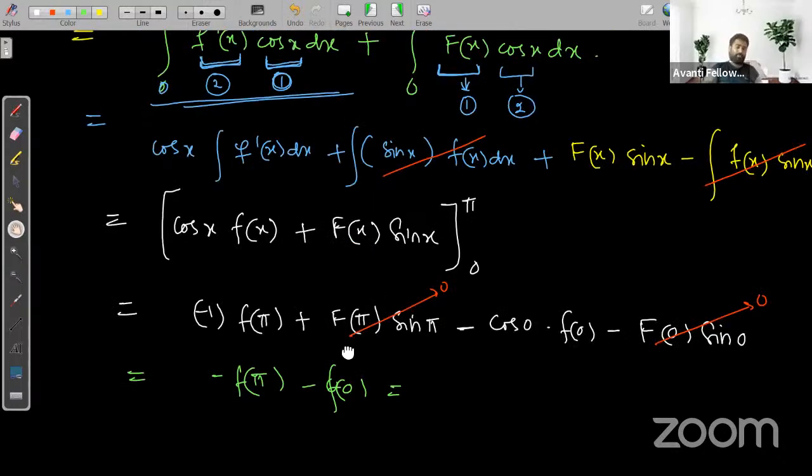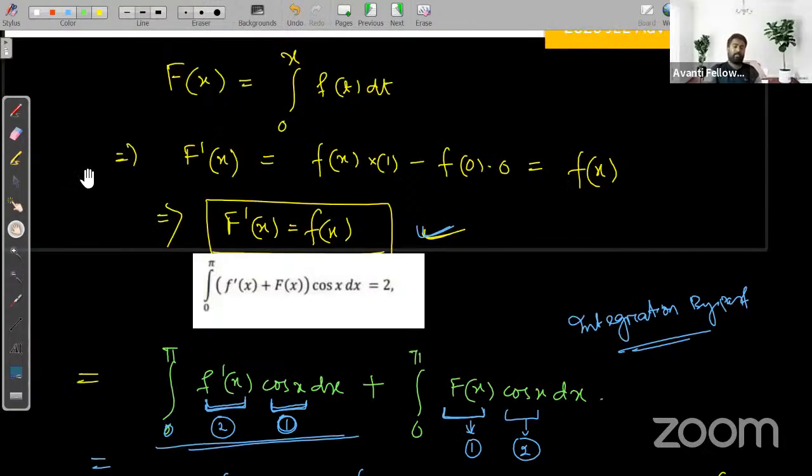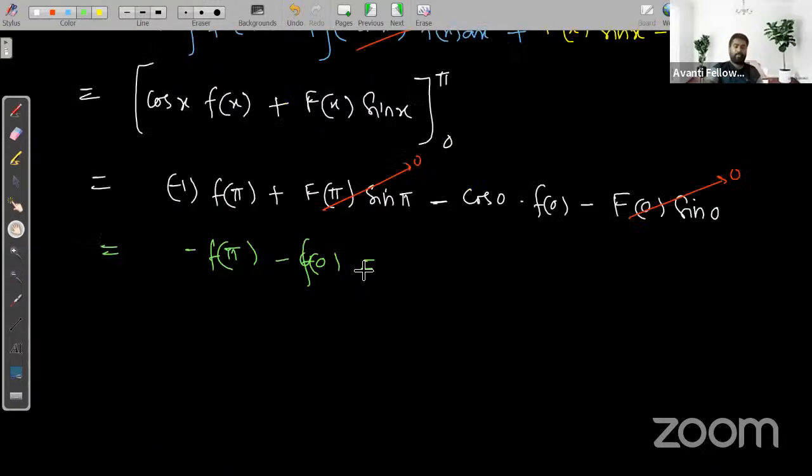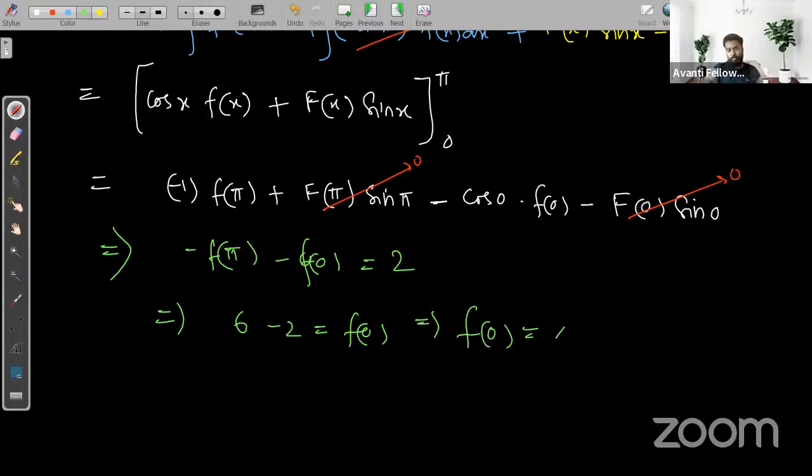This integration is equal to 2, it is given that this is equal to 2. And already f of pi is -6, it is given. So 6 minus 2 is equal to f of 0. So my f of 0 becomes 4. So this is my answer. Answer of f of 0 is 4.